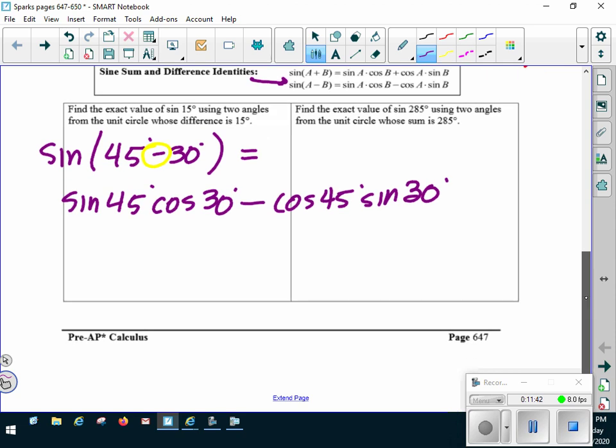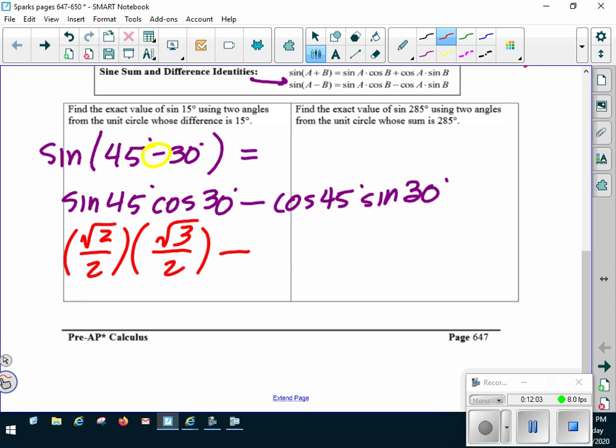All four of those pieces we know already. What's the sine of 45 degrees? Square root of 2 over 2 times square root of 3 over 2, good, minus, times, good. Now just clean it up a little bit.